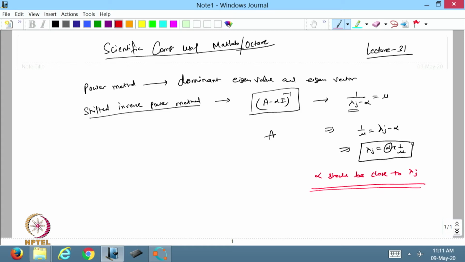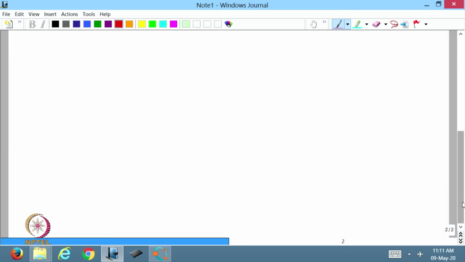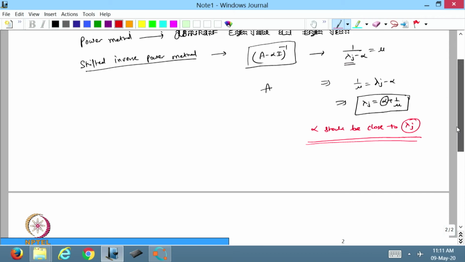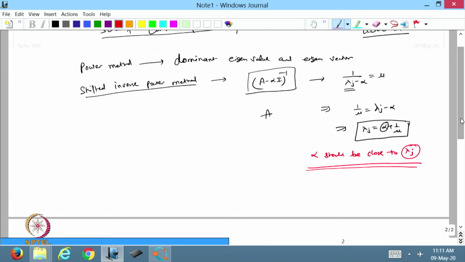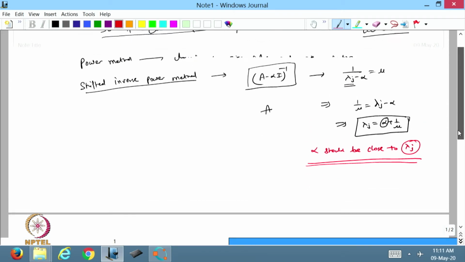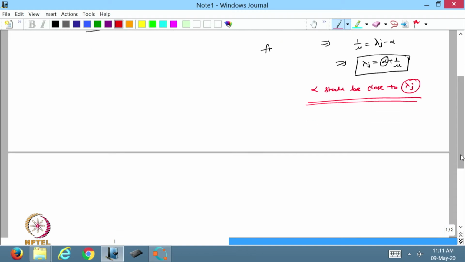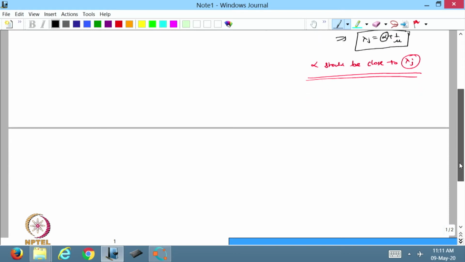But we do not know what lambda j is. So, if we do not know lambda j, then how can we choose alpha close to lambda j? This is another problem. That will be taken care of by the Gershgorin theorem. But before that I just want to do one example. So, let us take one example.